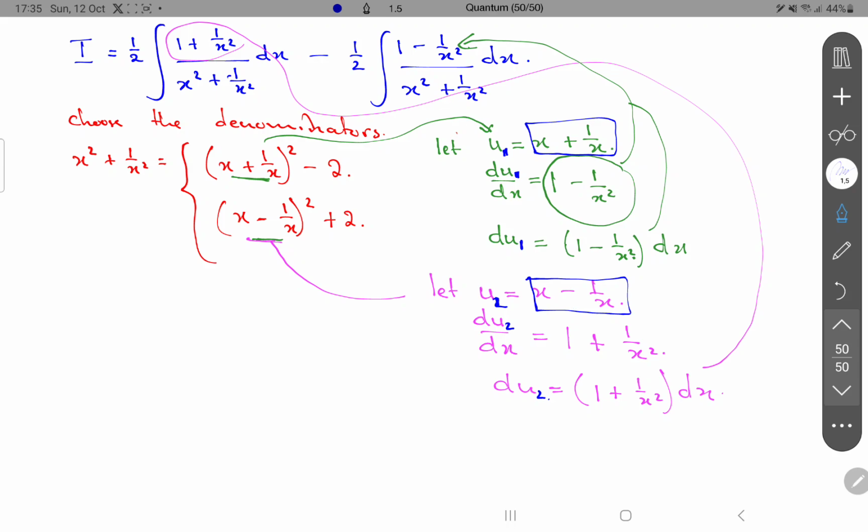So now, when I'm writing back, my integration is going to be a half the integral of this top one, which is du2, all over, now if you look at the bottom there, I haven't put it yet.